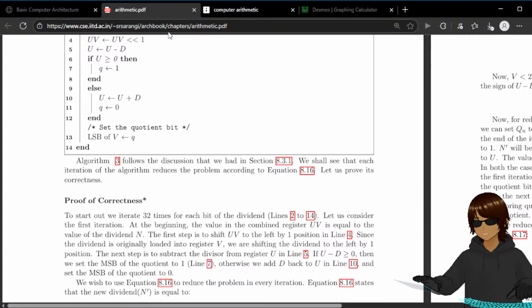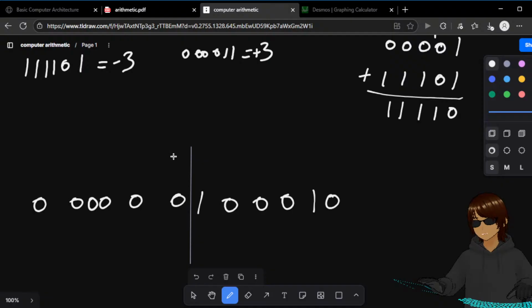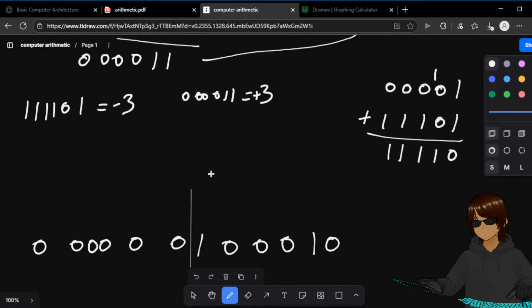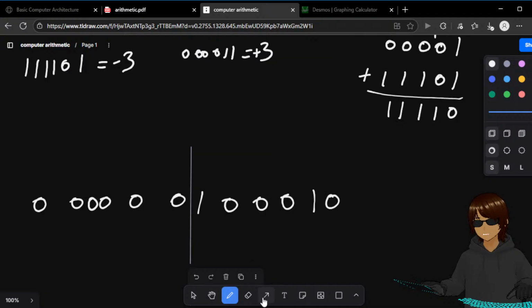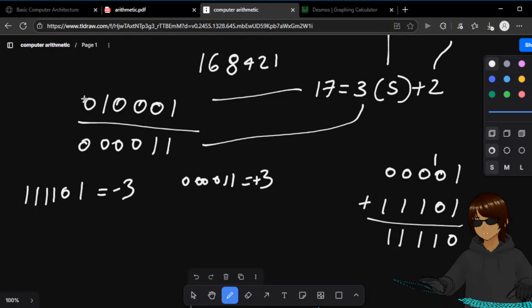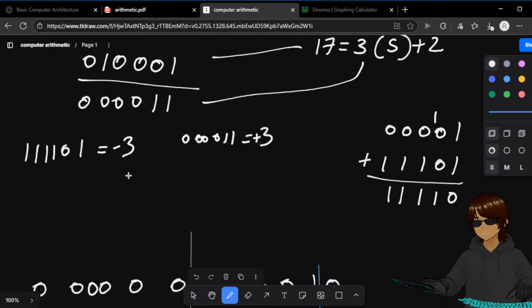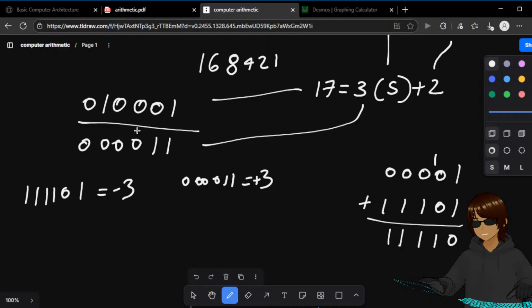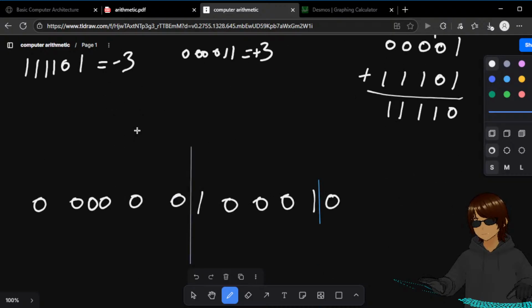Shift by 1, U minus D. U minus D would be 0 again. But I should add a line just in case to mark the starting position. Anyways, you shift, correct. Okay, let's try shifting again.